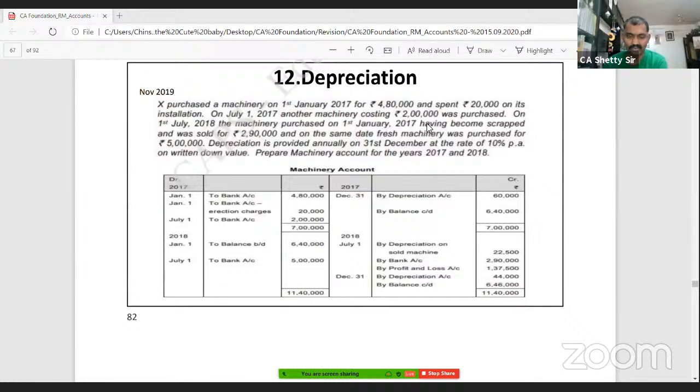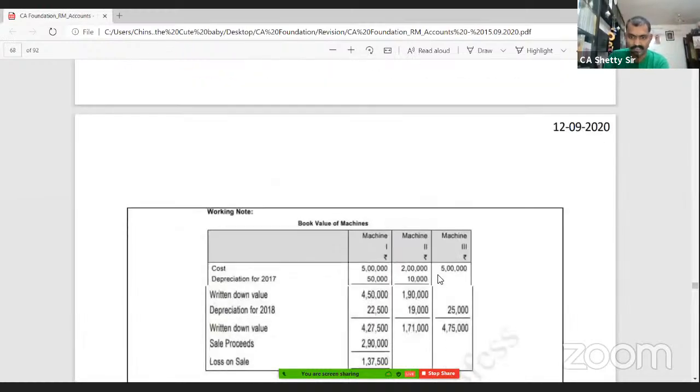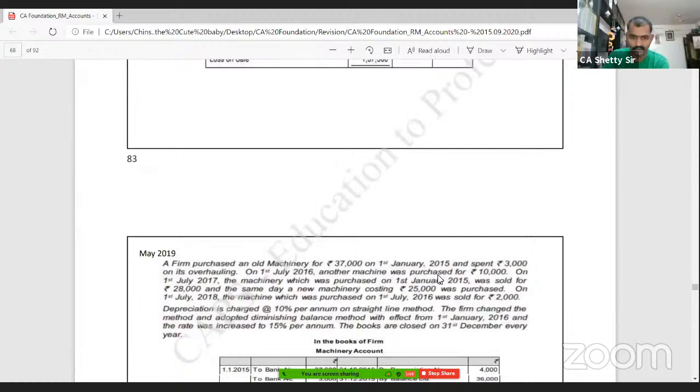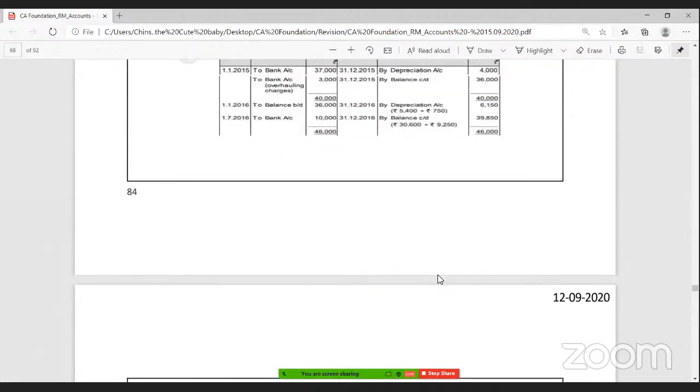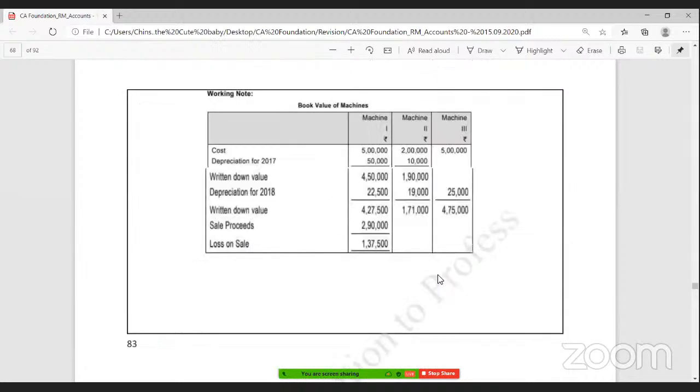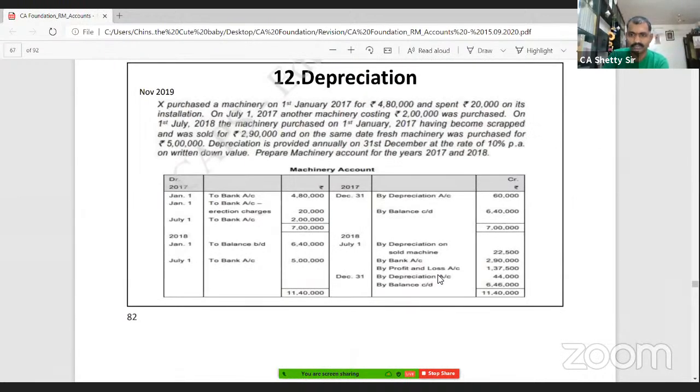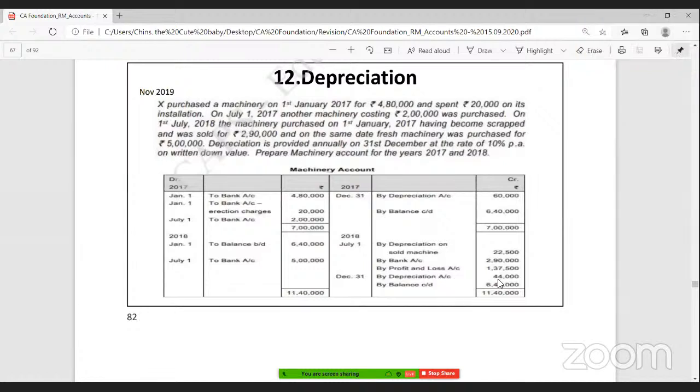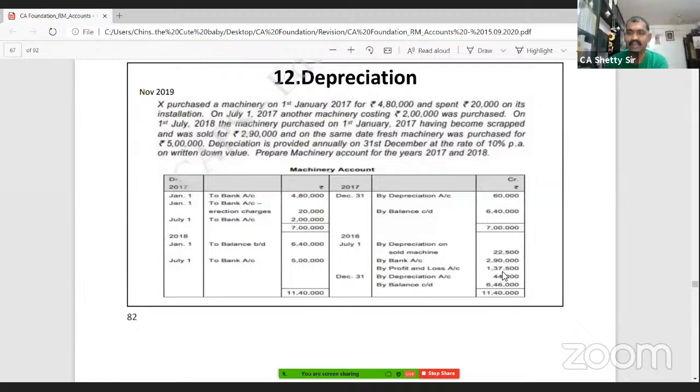Therefore, depreciation is equal to P1 1,90,000 into 10%, correct? 19,000 plus next line P2 5 lakh into 10% into 6 by 12 months, 25,000. 19,000 plus 25,000 is 44,000. Total karo, kitna hoga? 44,000. To 44,000 hai balance figure ye. Samajh mein aa gaya? Yes, sir.